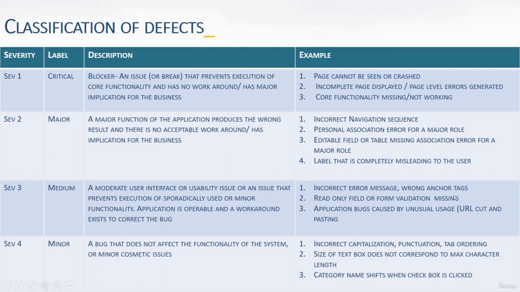And then medium is basically when proper error messages are not showing, wrong anchor tags, read only fields, validations missing, application bugs causing unusual usage. These all fall under medium. And the minor ones are punctuation issues, capitalization, tab order, sizes, text box, and all these things come under the umbrella of minor issues.